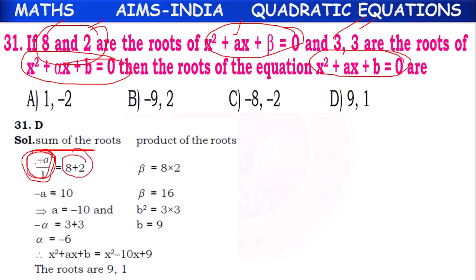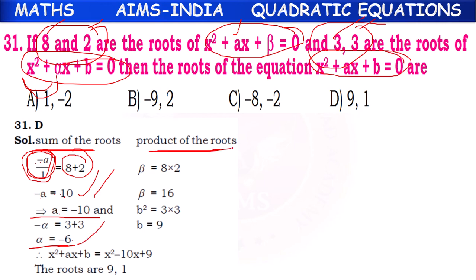So minus a equal to 10, or a equal to minus 10. In the same way, from the second equation, sum of roots minus alpha by 1 equal to 3 plus 3, 6. So alpha equal to minus 6. We got the alpha value.